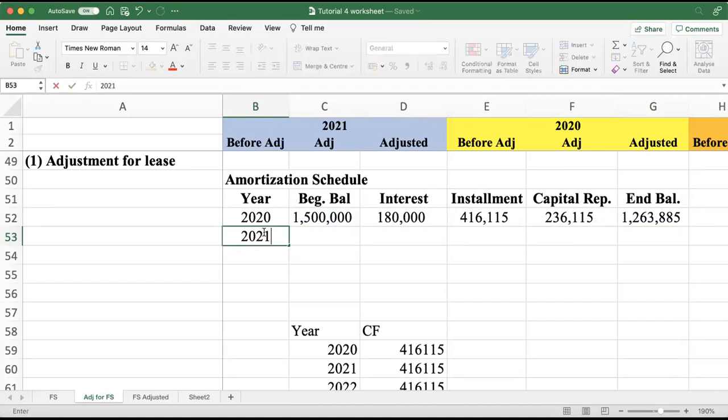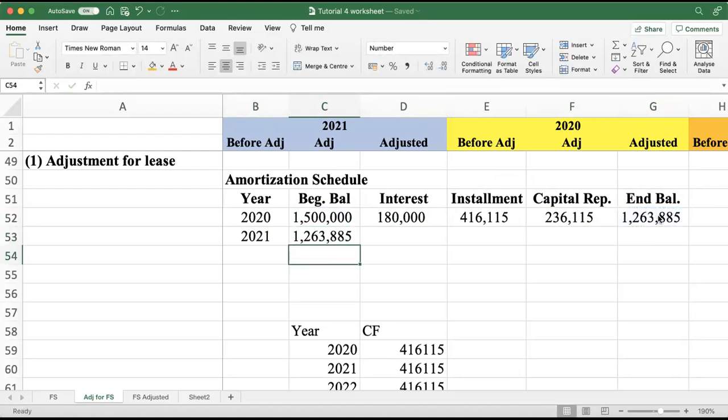Right. So we'll continue this for 2021. 2021 beginning balance 1,263,885. Interest is 12% of the beginning balance. Installment same. Then capital repayment equals installment minus interest payment. Then end balance is beginning balance minus capital repayment.